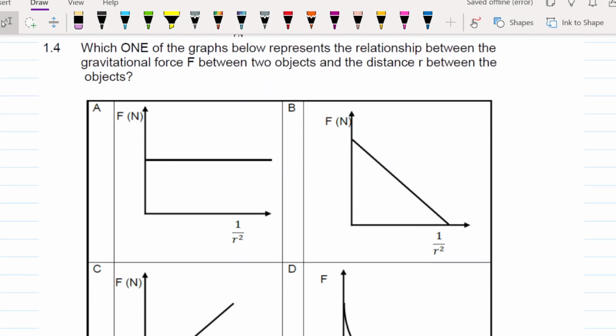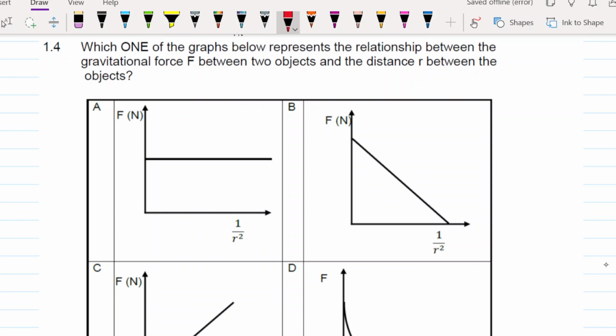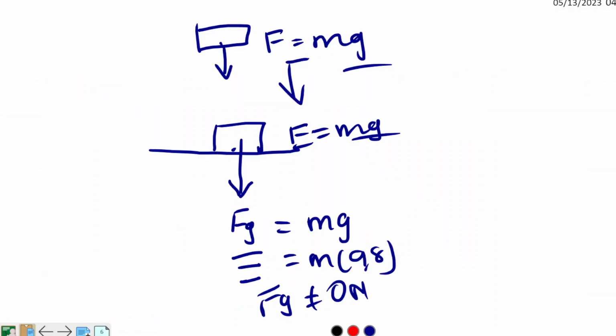Okay, 1.4, which one of the following represents a relationship between the gravitational force F between two objects and the distance r between the objects? Before we go to the graphs, let us remind each other about Newton's universal gravitational law.